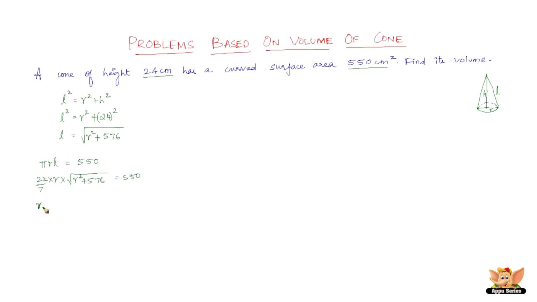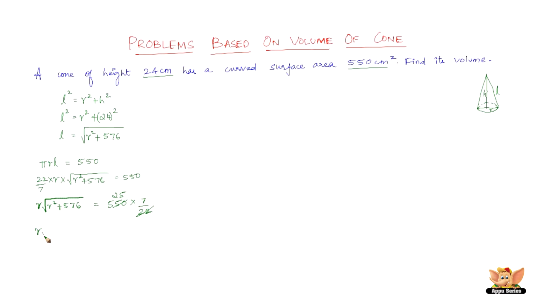Now, r into root of r square plus 576 equals 550 into 7 by 22. This goes to the other side of the equal to sign. So now 22 25 times gives us 550.